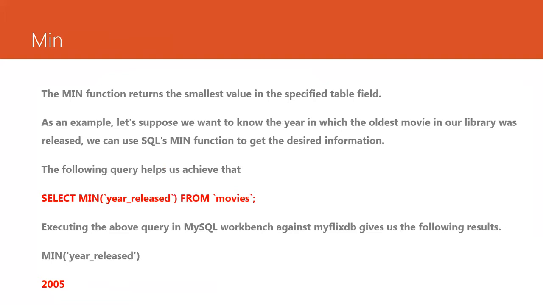We can use the SQL min function to get the desired information. The following query helps to achieve that. Select min year released from movies. Executing the above query in SQL against MyFlix gives the following result. Min year released is 2005.